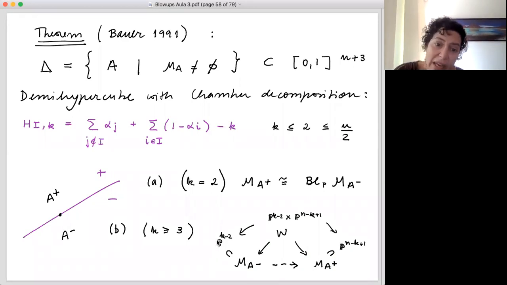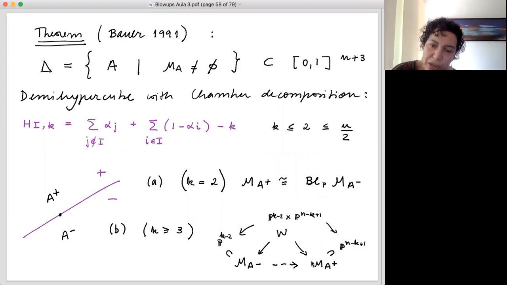And then, again, this is exactly the case when we blew up the strict transform of a line between 2 points. This projective space can be blown up, and then this becomes the exceptional divisor, and this exceptional divisor can be contracted in the other direction.